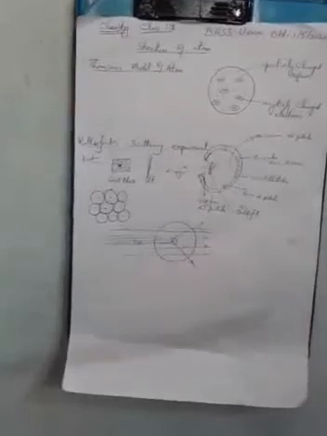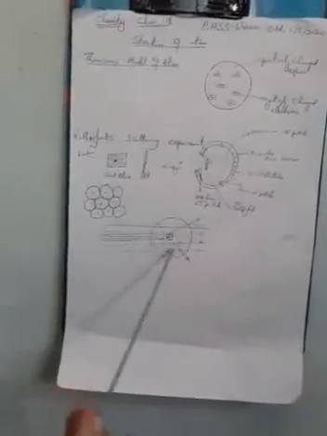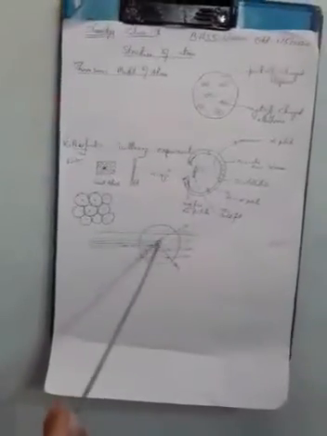They could not pass through it, rather they retraced their path. So this positively charged center, according to Rutherford, was very dense. That is why these alpha particles could not penetrate or pass through it. So from these observations, he gave his model of atom, which is called Rutherford's model of atom.